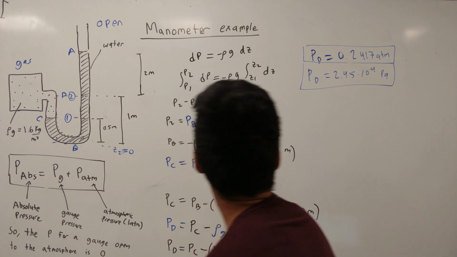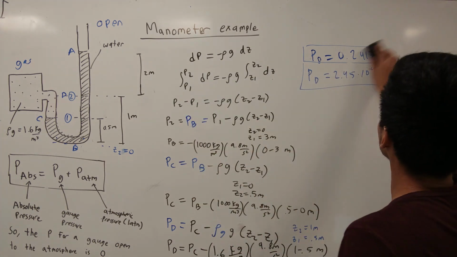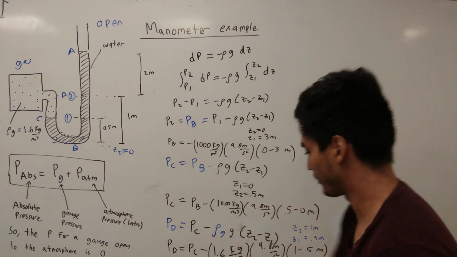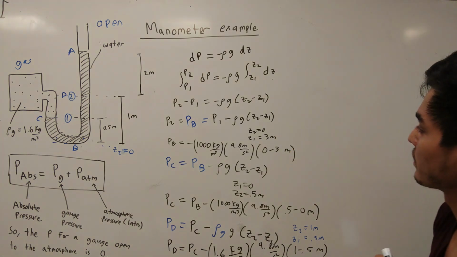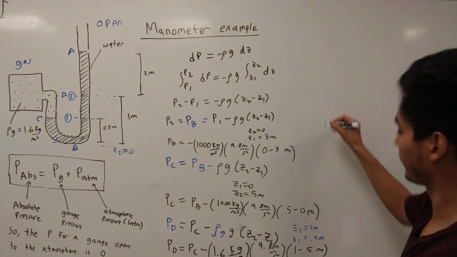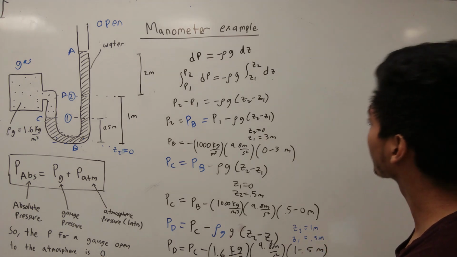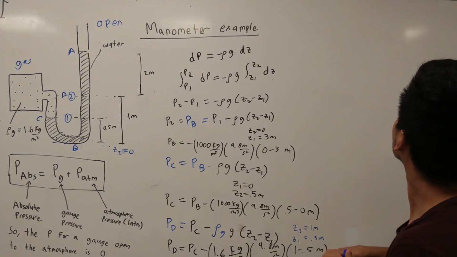Now, one little trick that I want you to note is that we can solve for all of this in terms of just the variables and the heights, right? So we have PB over here. Let's do it over here.